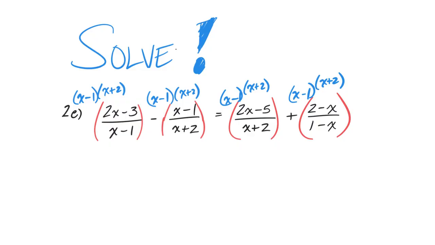And then you take a look at your last denominator, 1 minus x. To get rid of a divide by 1 minus x, we can multiply by 1 minus x. But if you chose to multiply everything by 1 minus x, we're actually multiplying by more than what we need.